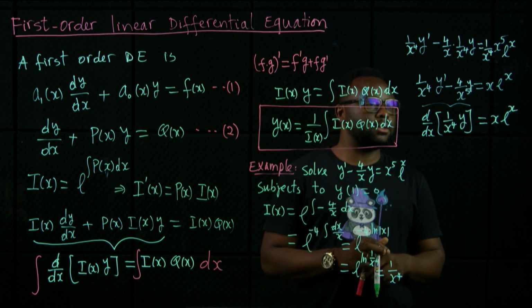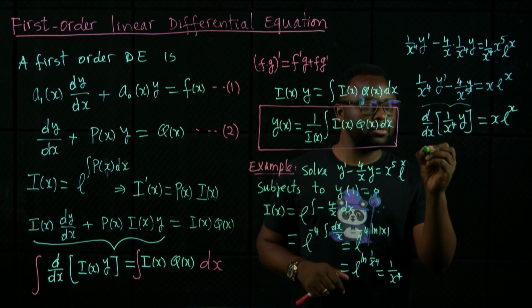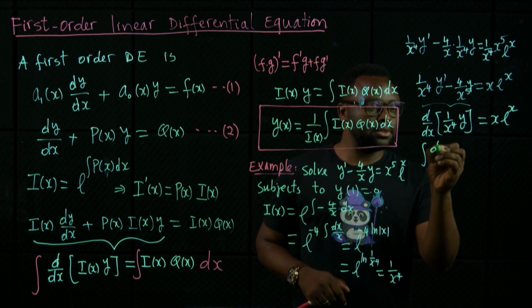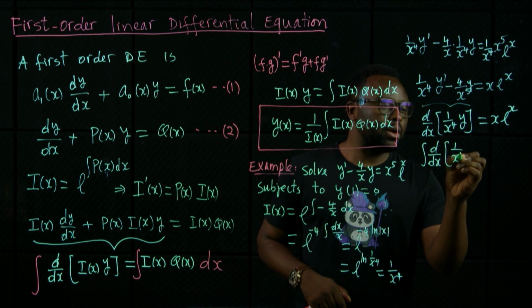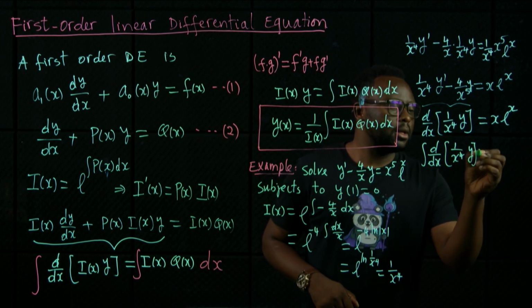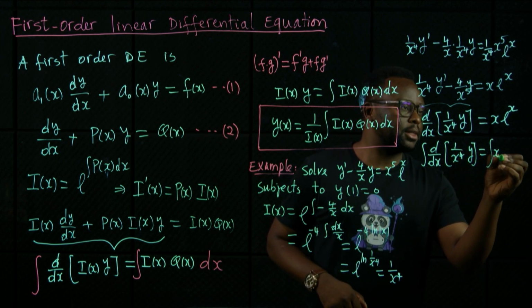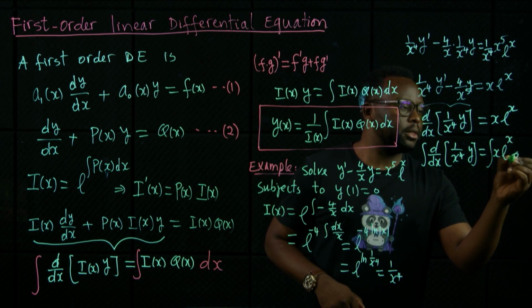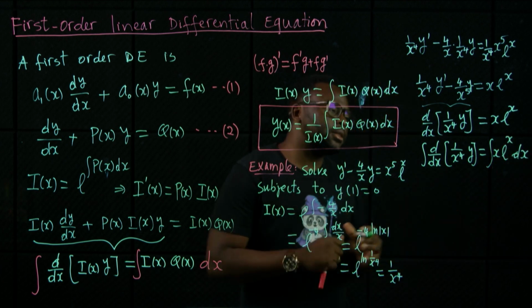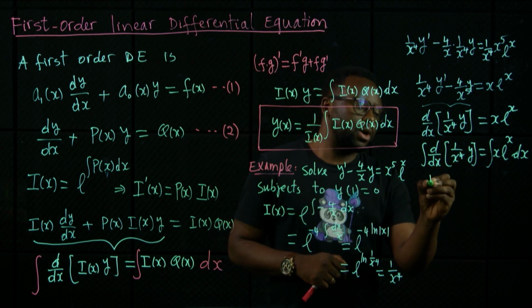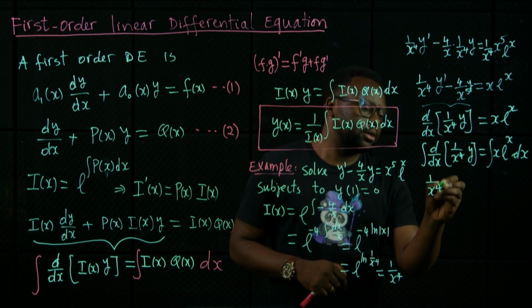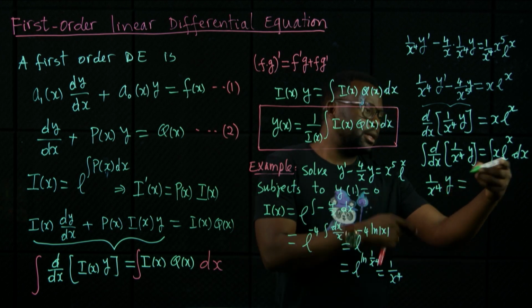At this stage, let's integrate. If we integrate both sides, we have d over dx of 1 over x to the power 4 times y equal to the integral of x times e to the power x dx. Here, 1 over x to the power 4 times y is equal to this integral.